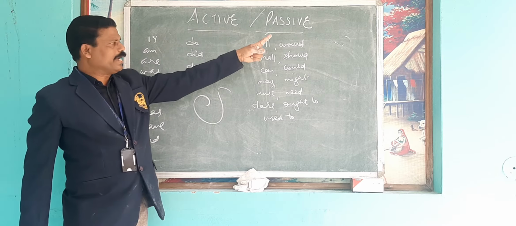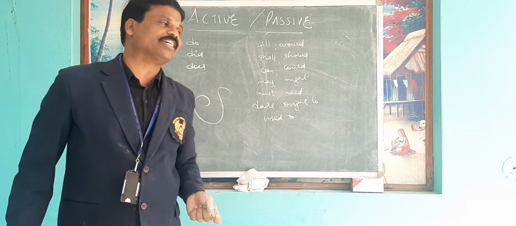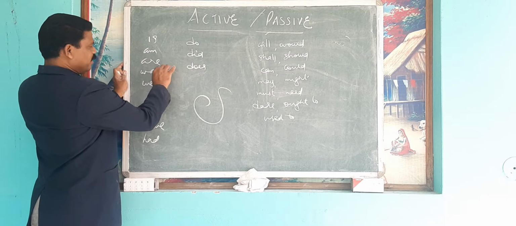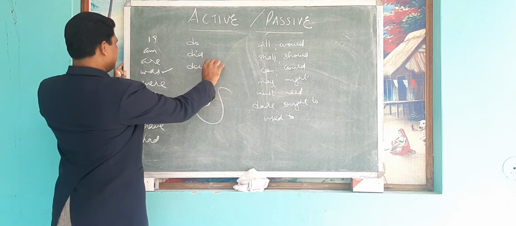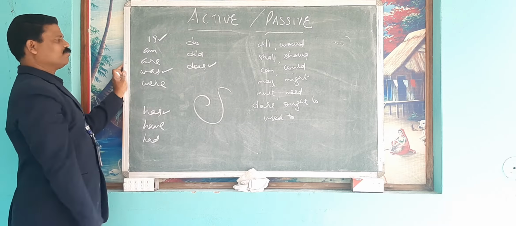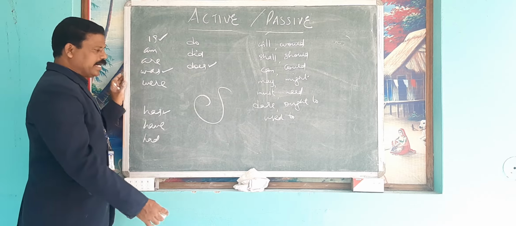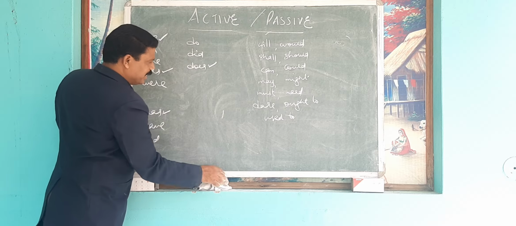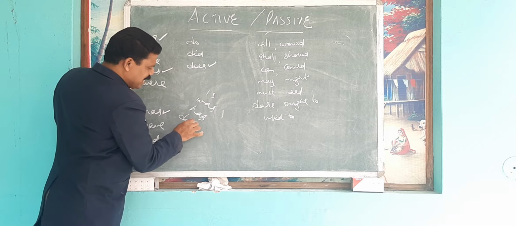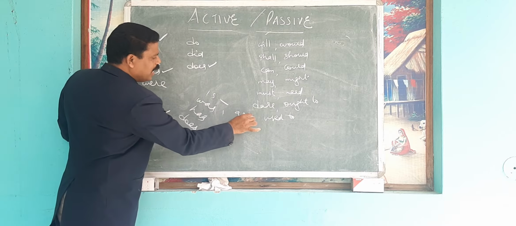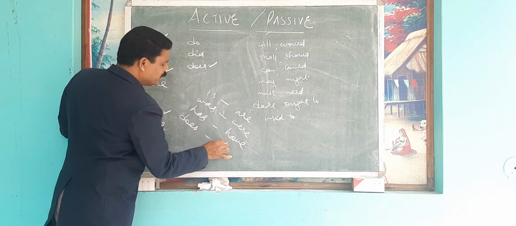Among these 24 auxiliary verbs, how many end with s? Look: was, has, does, is. So there are 4 singular helping verbs. They are is, was, has, and does. The plural of is is are, plural of was is were, plural of has is have, plural of does is do.